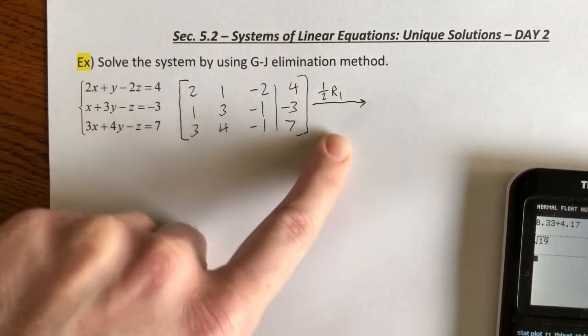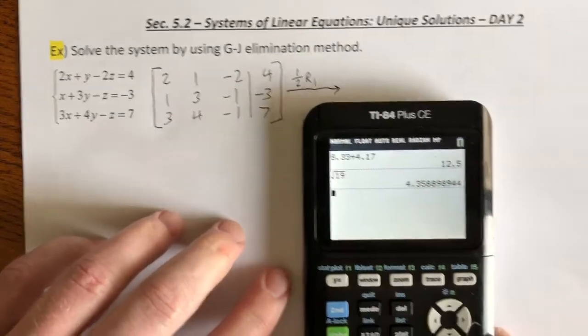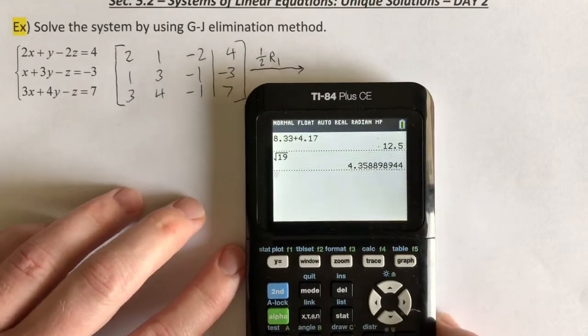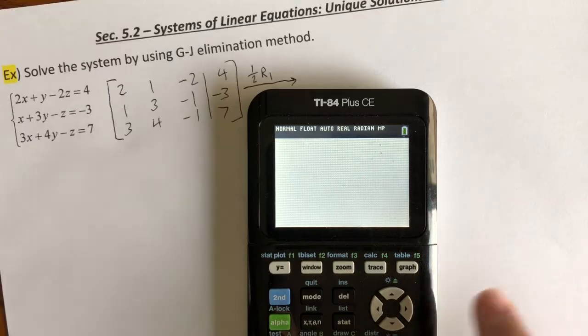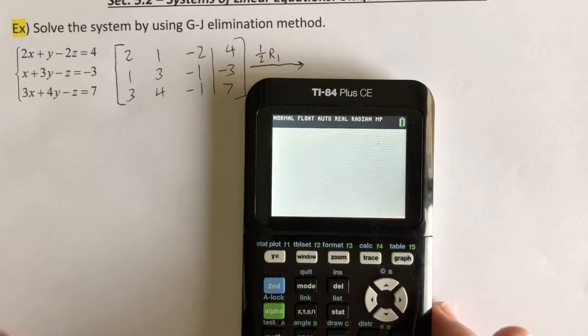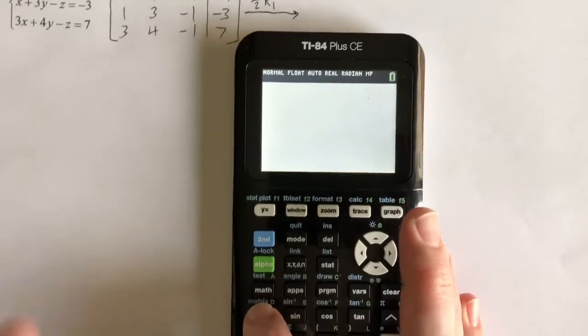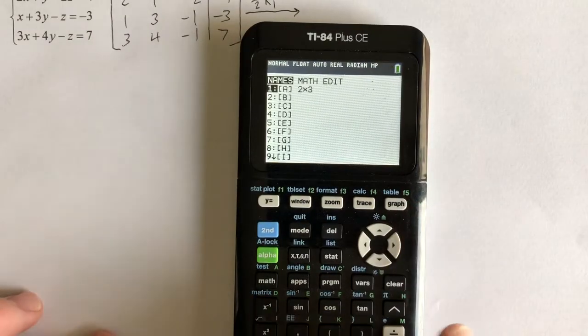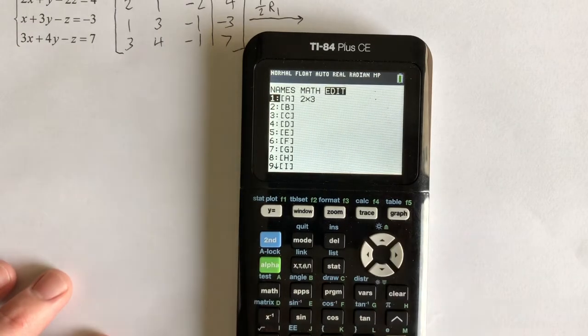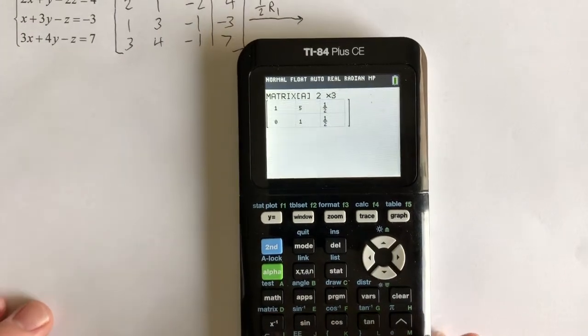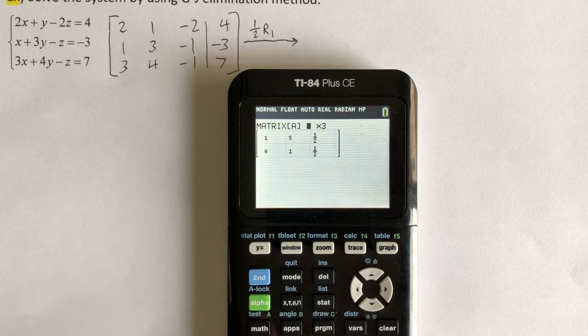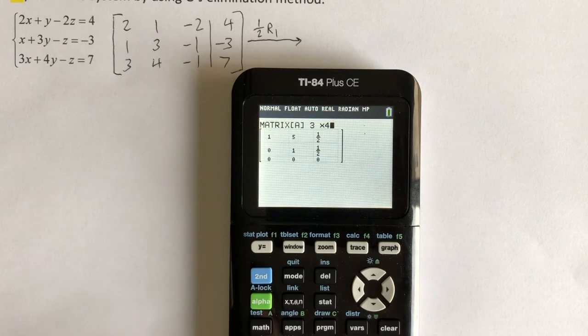Again, after I have it on my paper, I'm going to go to my calculator and enter in the information so I can perform row operations with technology, making it much easier. So I'm going to go to second matrix, which is second x inverse, go to edit, and then we're going to enter in a 3-row by 4-column matrix.